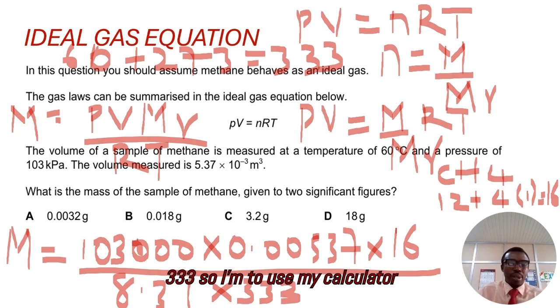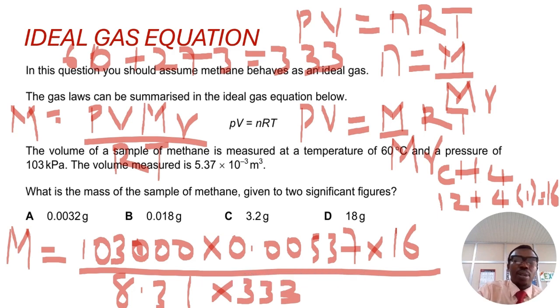So I'm to use my calculator. So I now have 103,000 multiplied by 0.00537 multiplied by 16. I think I have to erase this so that I'll have enough space.